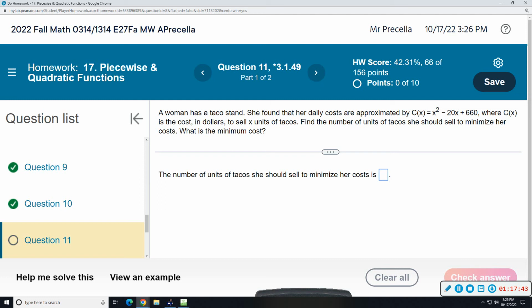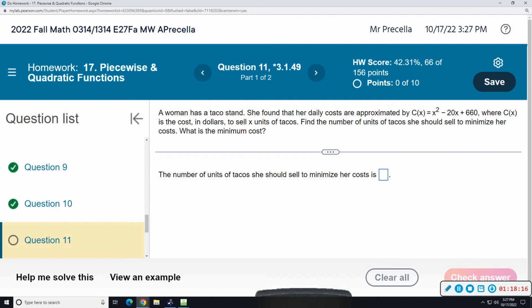She's found that her daily costs are approximated by, notice, instead of an f of x, this function is called c of x for cost: x squared minus 20x plus 660, where c of x is the cost in dollars to sell x units of tacos.